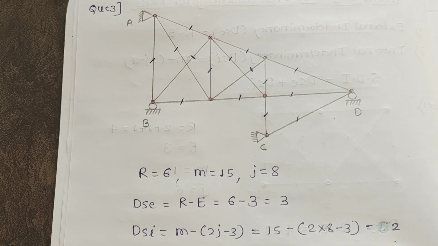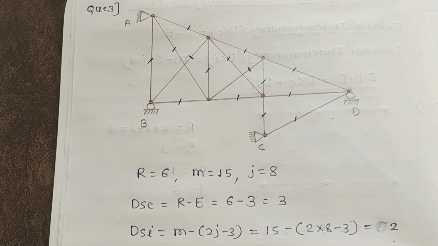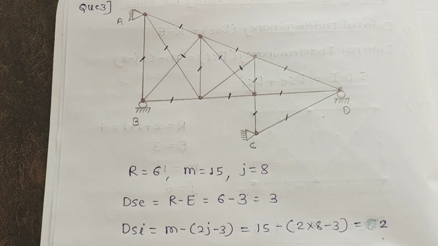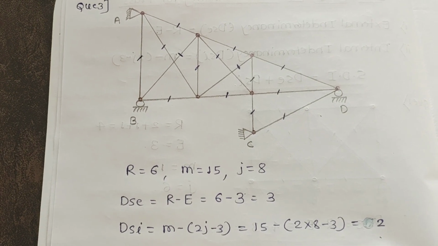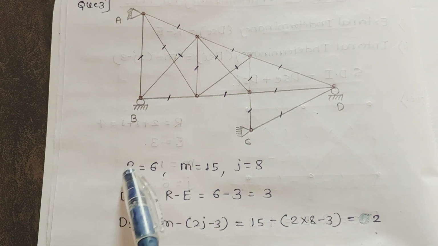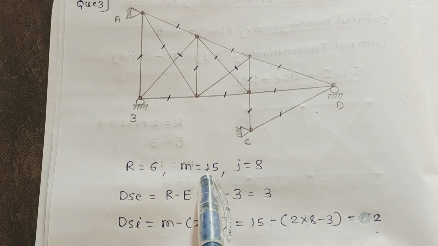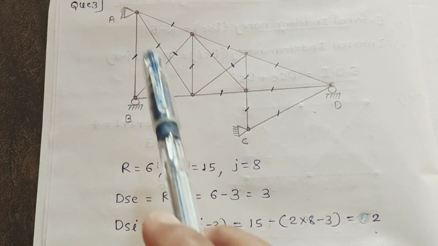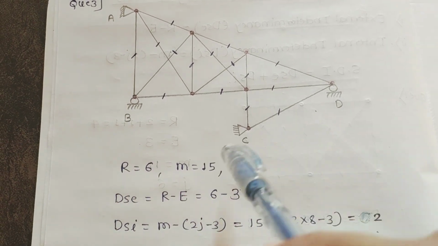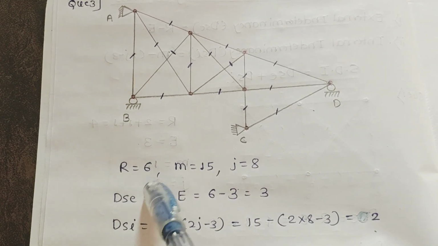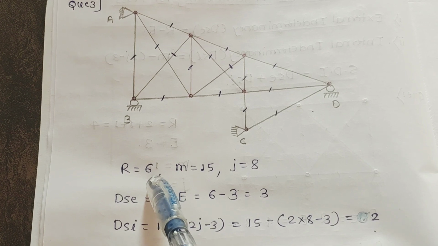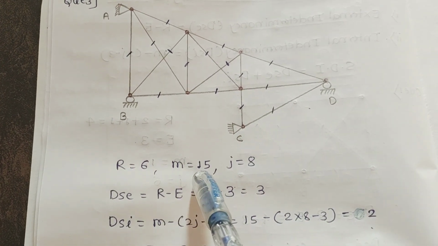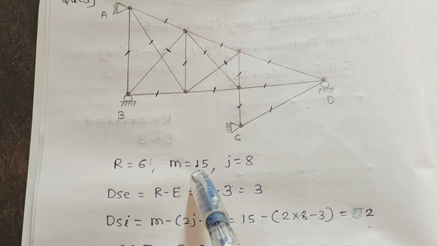Then this is our third problem. Again you have to apply the same procedure here, that is, you have to count the number of reactions, number of members and number of joints for the supports at A, B, C, D. The number of reactions is equal to 6. Then for this particular truss, the number of members is equal to 15.